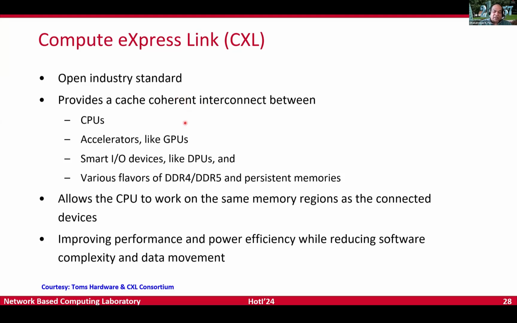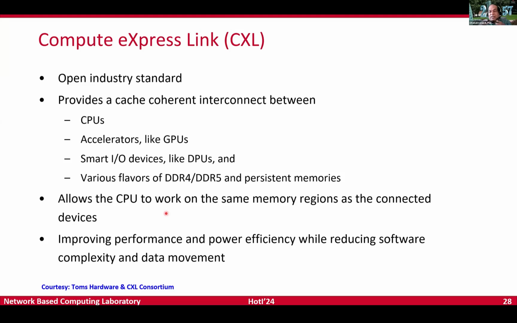It is an open industry standard. It provides a cascaded interconnect between CPUs, accelerators, IO devices, and various flavors of memory. Currently, in most servers you typically have 96 or 128 cores, and within that you can do shared memory, but outside of that you cannot. You have to go through MPI or some PGAS, and this is where InfiniBand, Slingshot, and high-speed Ethernet come in.